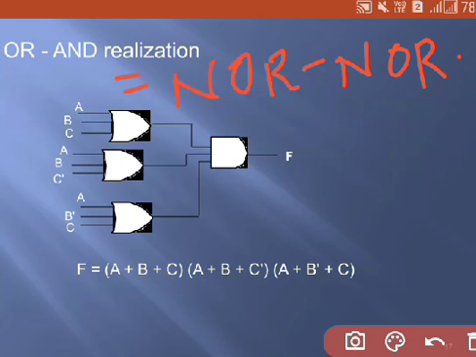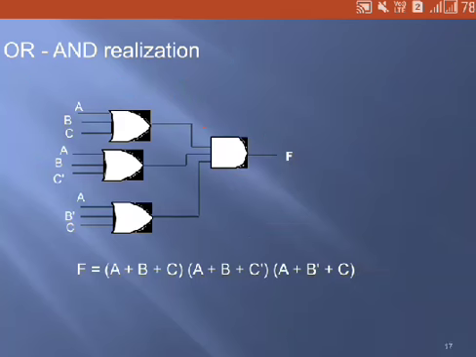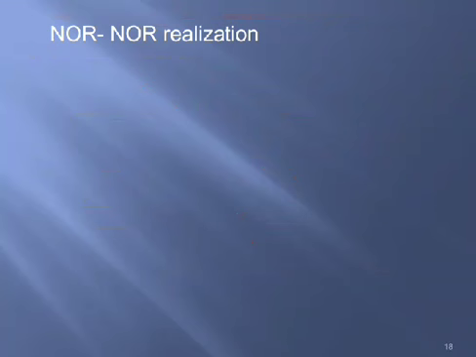In a similar manner, OR AND realization is equivalent to NOR realization. That means the first stage is NOR and the second stage is also NOR. So for implementing this function, we need three NOR gates in the first stage and one NOR gate in the second stage.